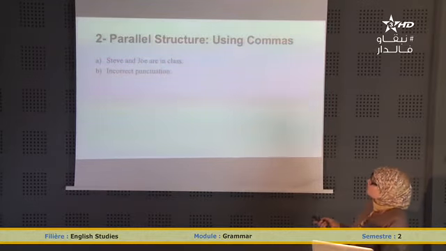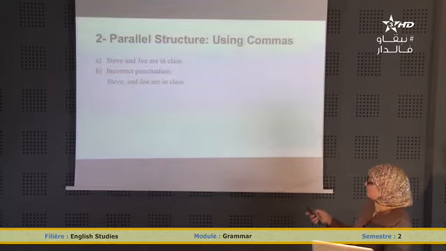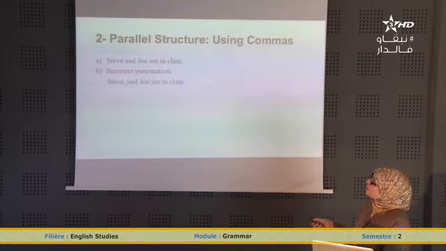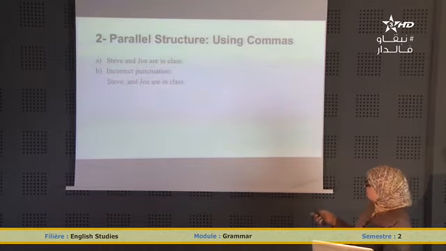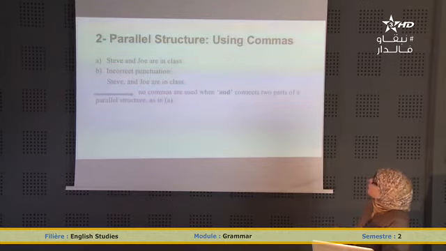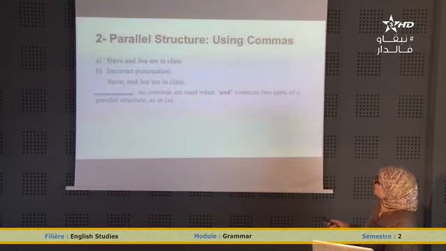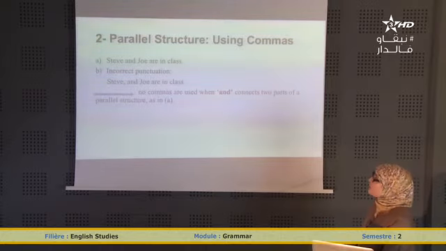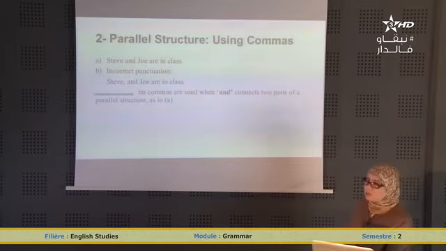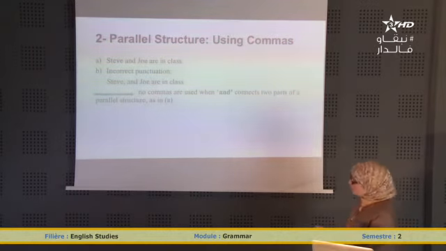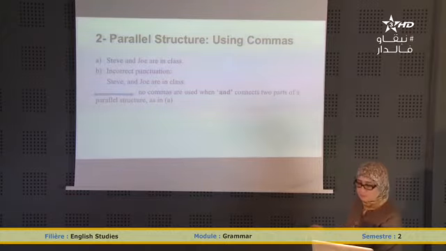Another example could be, or the same example could be written like this, but it is not correct. This is incorrect punctuation if you use the comma before and when you have 2 items connected by and. Hence, no commas are used when and connects 2 parts of a parallel structure, as in sentence E. The use of comma in this case is incorrect.